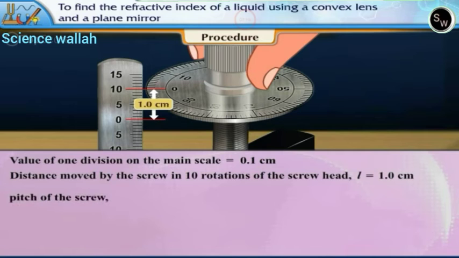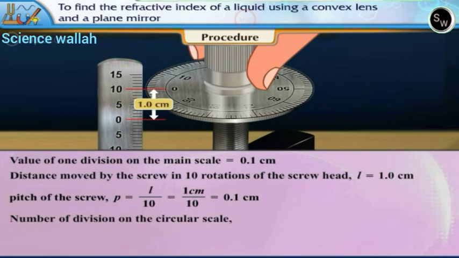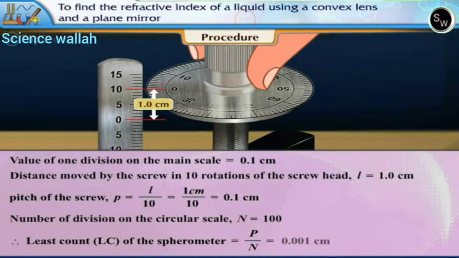Pitch of the screw P is equal to L upon 10 is equal to 0.1 centimeter. Number of divisions on the circular scale N is equal to 100. Therefore, least count LC of the spherometer is equal to P upon N is equal to 0.001 centimeter.